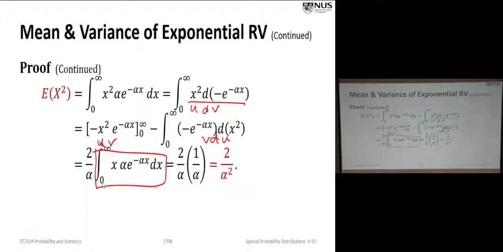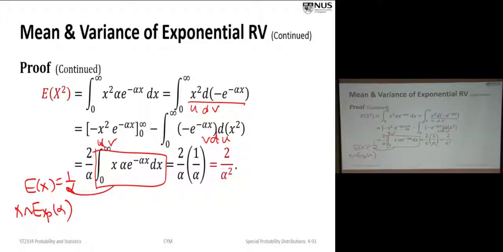What is this? This is nothing but the expectation of x, where x follows an exponential distribution with parameter alpha. So therefore, this is equal to 1 over alpha. All right? So it becomes very neat. So the answer is 2 over alpha squared.